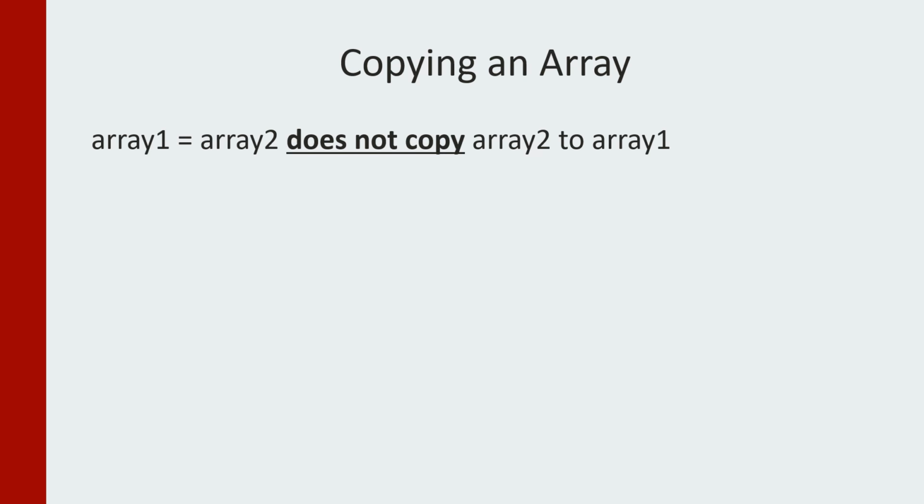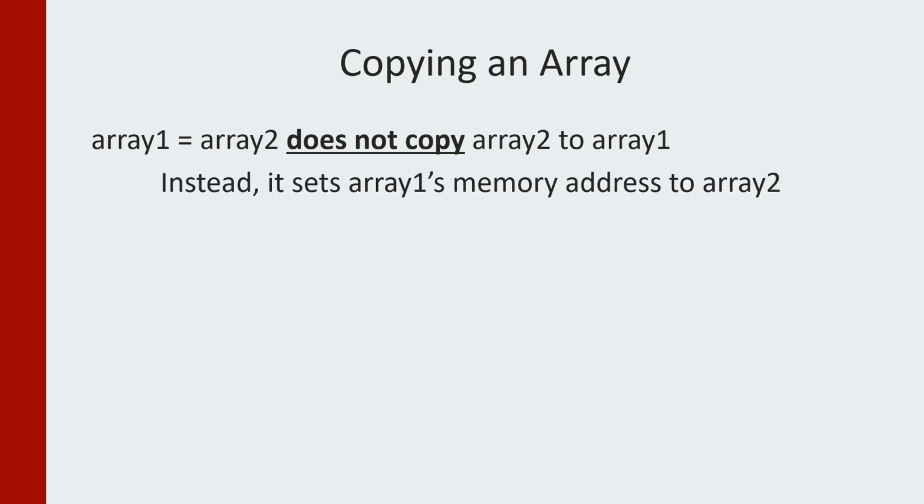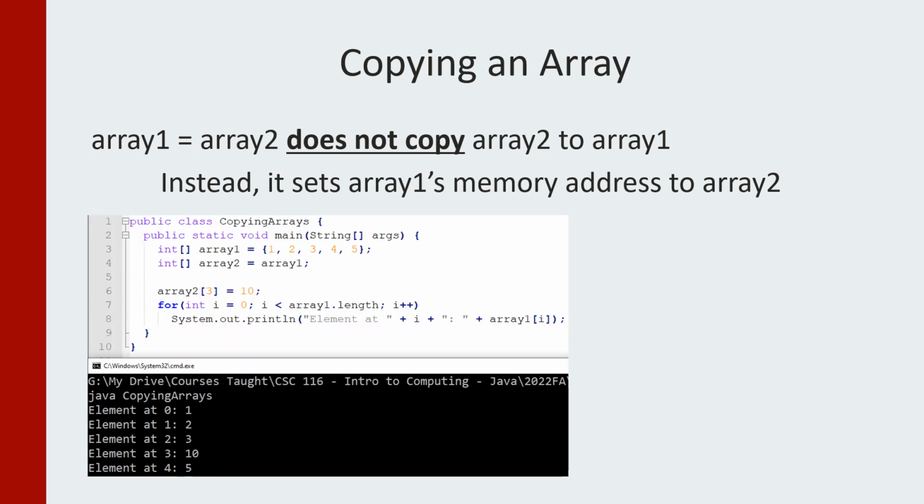One of the other consequences of arrays being a complex data type is you can't just use an assignment operator to copy arrays into each other. So array 1 is equal to array 2 does not copy array 2 to array 1. Instead, it sets array 1's memory address to array 2. Let's think about what this means with an example.